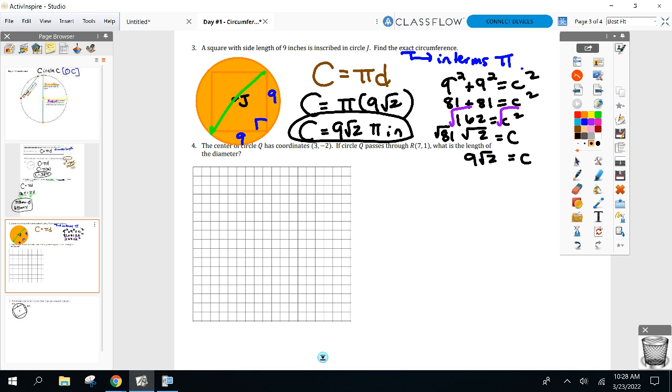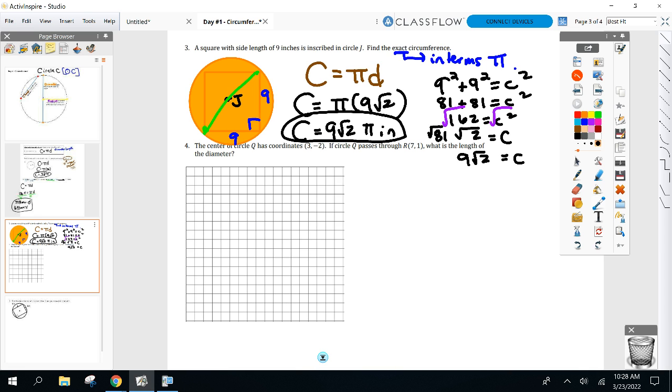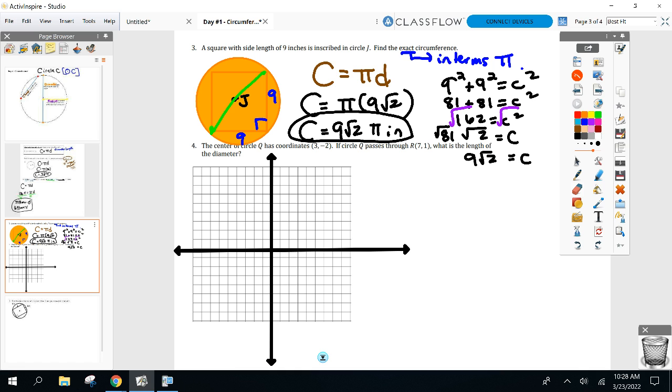I tell you what the center is and where it goes through. How long is the diameter? Ooh.